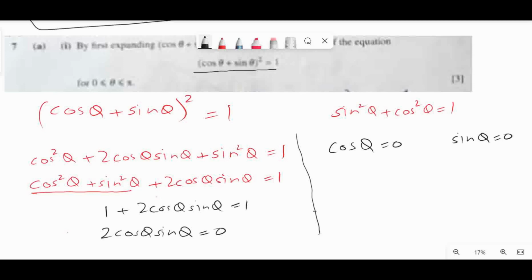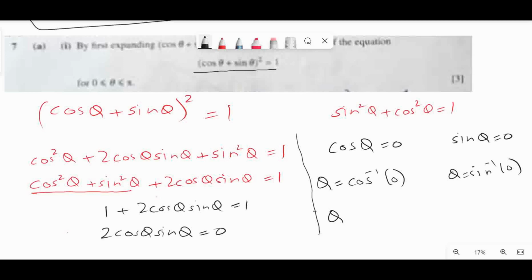Now from here we can find out theta will be equal to cos inverse of 0, and theta will be equal to sine inverse of 0. Now from here what will we get?